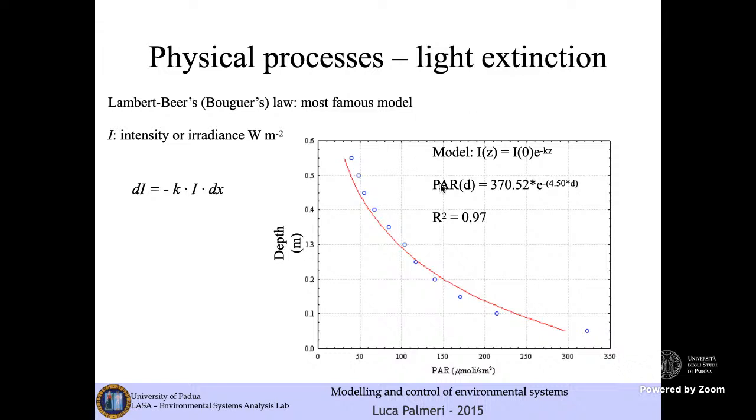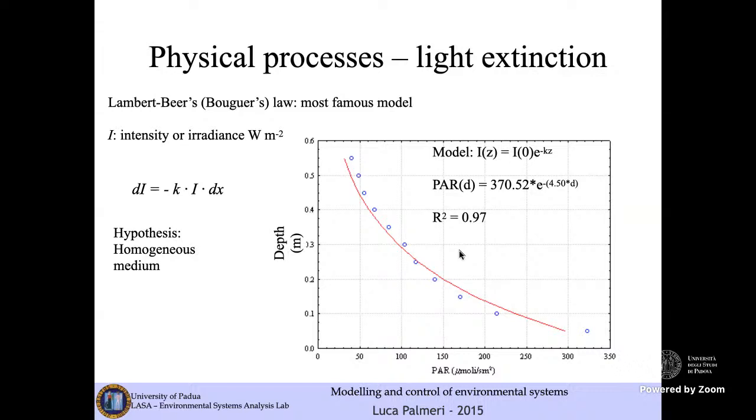And in particular, we observe an exponential decreasing model in which the photosynthetic active radiation part decreases exponentially with the depth of the water body. What we are doing here is measuring the quantity of light that crosses the water body, and how this light diminishes with the depth crossed.